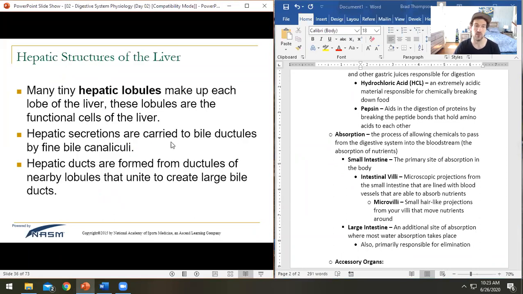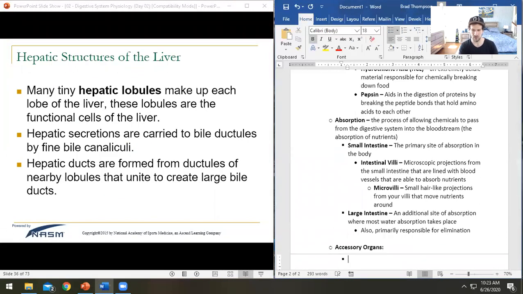So your liver is a really good example of this, right? Your liver is a really, really important organ. In fact, it's so important that if you were to lose half of it, it would actually grow back to its original shape for the most part. One of the coolest organs that you've got in your body. It has all these tiny hepatic lobules that make up each lobe of your liver, and they are what we call the functional liver cells.